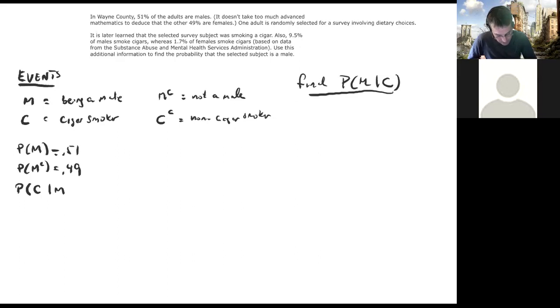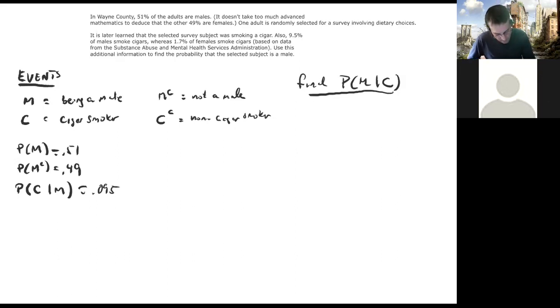This information is easy to gather because you can just go to a population of males in Wayne County and randomly ask males whether they smoke cigars. And so we know that, based on survey data, it's 9.5%, so that's 0.095.